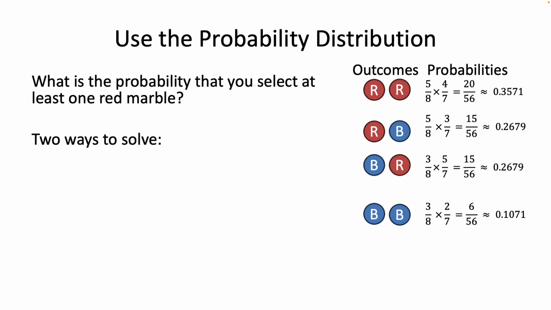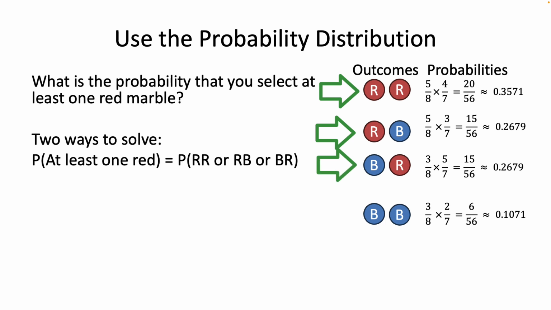And finally, what's the probability that you select at least 1 red marble? Now there's actually 2 ways to solve this problem. So the first way is you can think, well, which scenarios have at least 1 red marble? Well, in this case, the first one would fit that description because it has 2 reds. That's at least one of the marbles is red. The second one works because it contains at least 1 red marble. And the third one works as well.